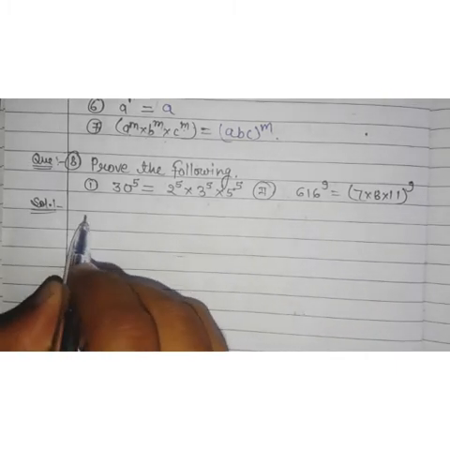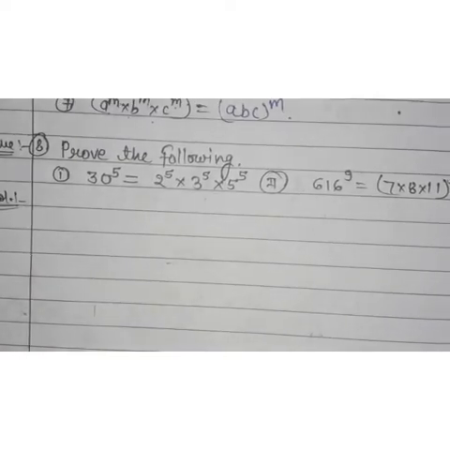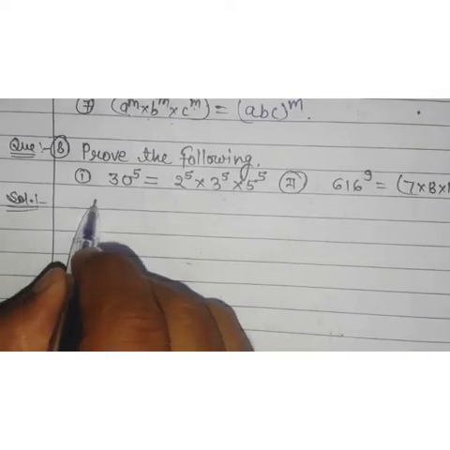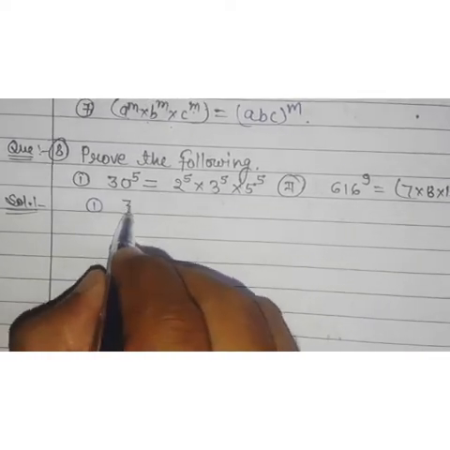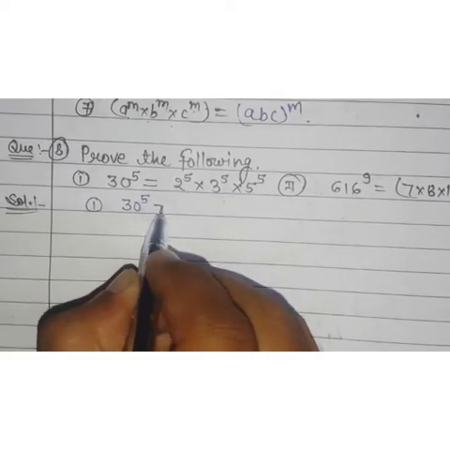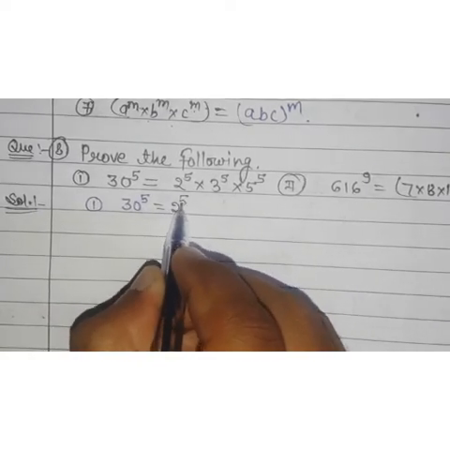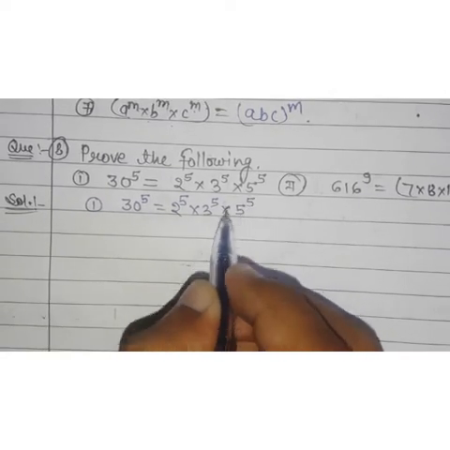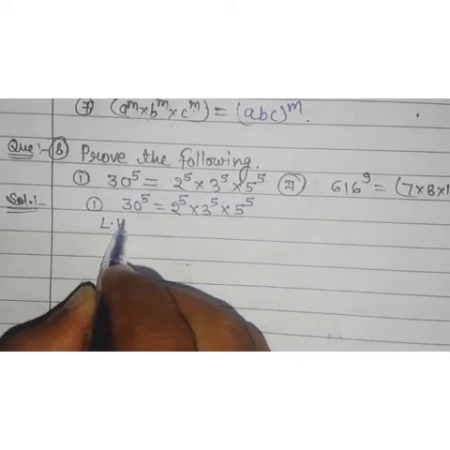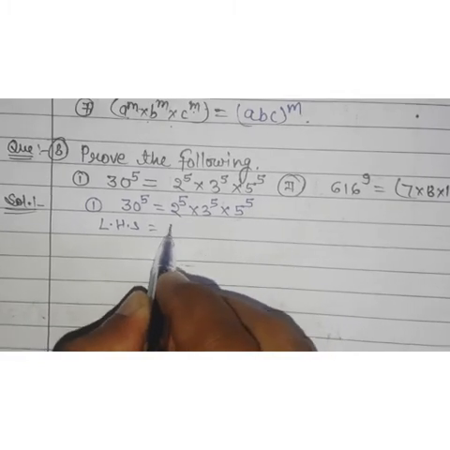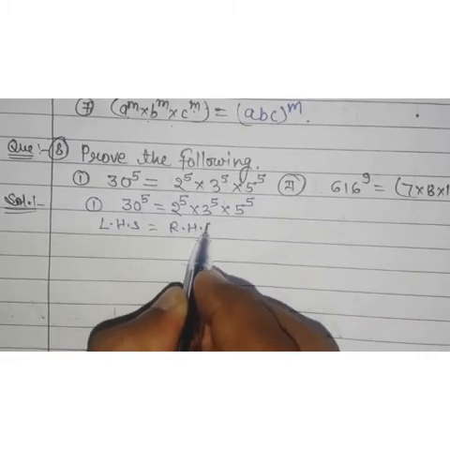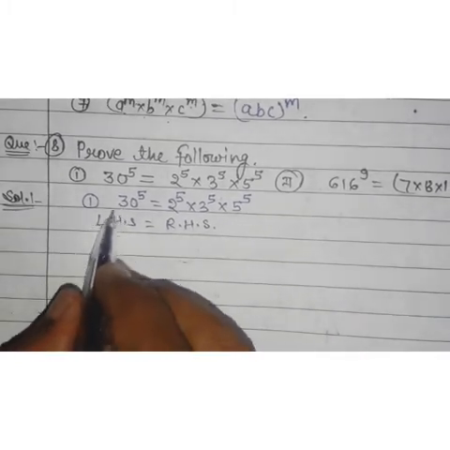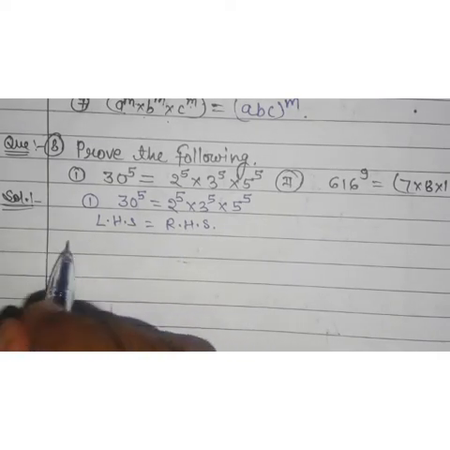So first, the solution to number one. This one is the left hand side and this one is the right hand side. So first we take the left hand side.